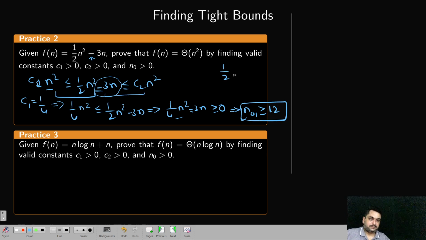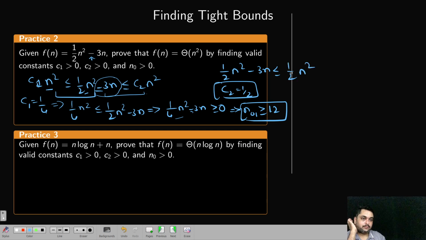This will be easy because minus is here. 1 by 2 n square minus 3n should be less than or equal to C2 n square. You can try to put C equal to 1 by 2 only. So C2, just choose 1 by 2. So what will it be? 1 by 2 n square. So this is always true, right? Because I am subtracting some value.